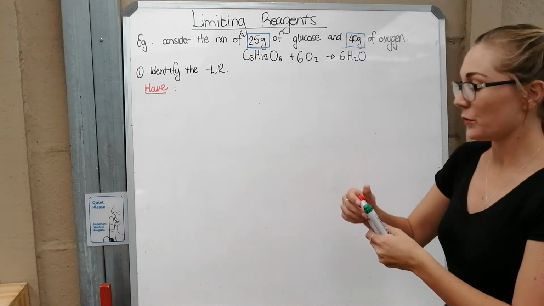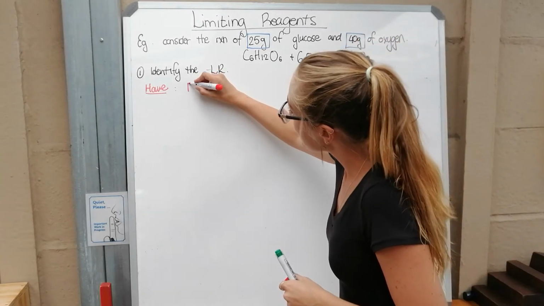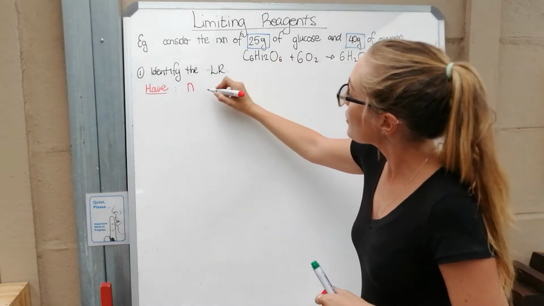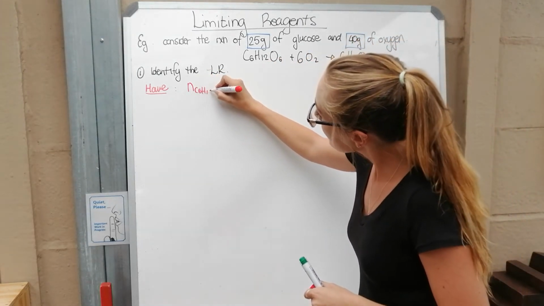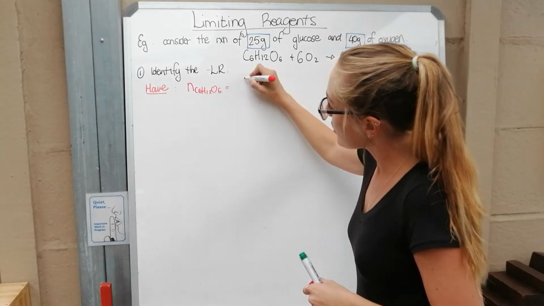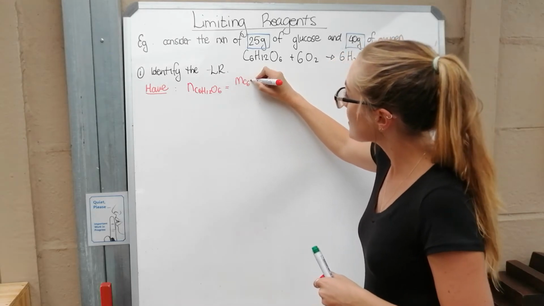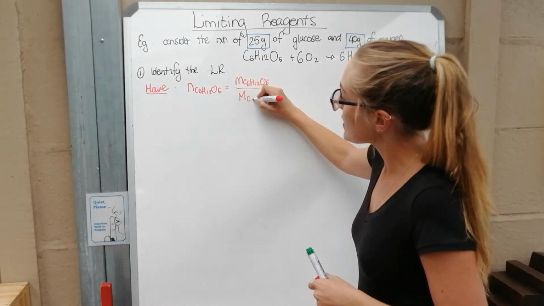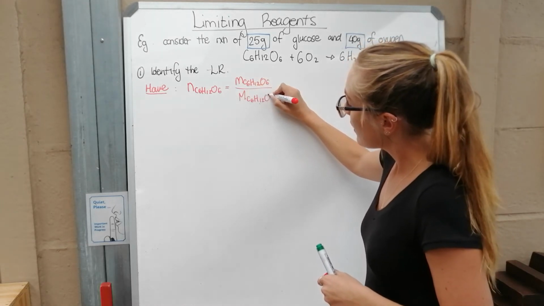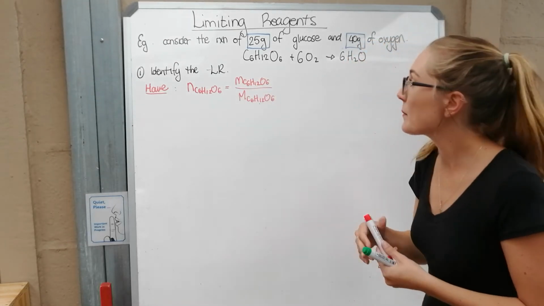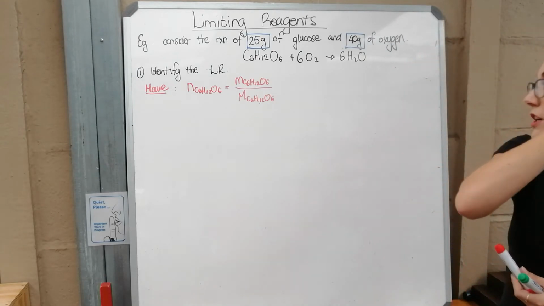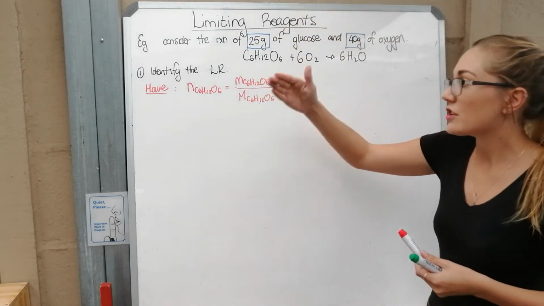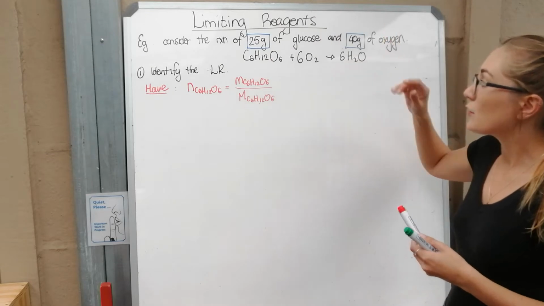Okay, so what do we have? So let's first look at glucose. The number of moles of glucose that we have is going to equal the mass of glucose that we have divided by the molar mass of glucose. So it's the same as we would normally do for a stoichiometric question. Take the mass, change it to moles for glucose and for oxygen.